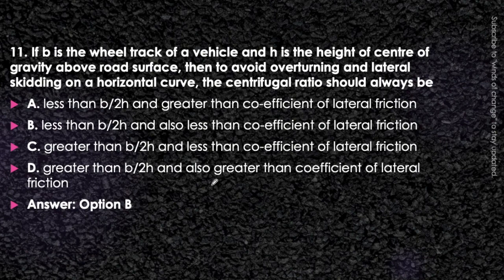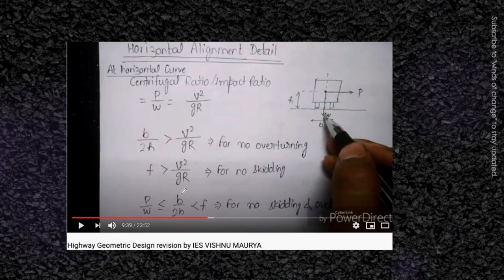The answer is, it is less than B by 2H and also less than coefficient of lateral friction. You can watch it here in that video. This B by 2H value is less than coefficient of lateral friction, and thus the centrifugal ratio, that is the impact ratio, whose value is P by W, that is V square by gR, is also less than F. You can watch it here.